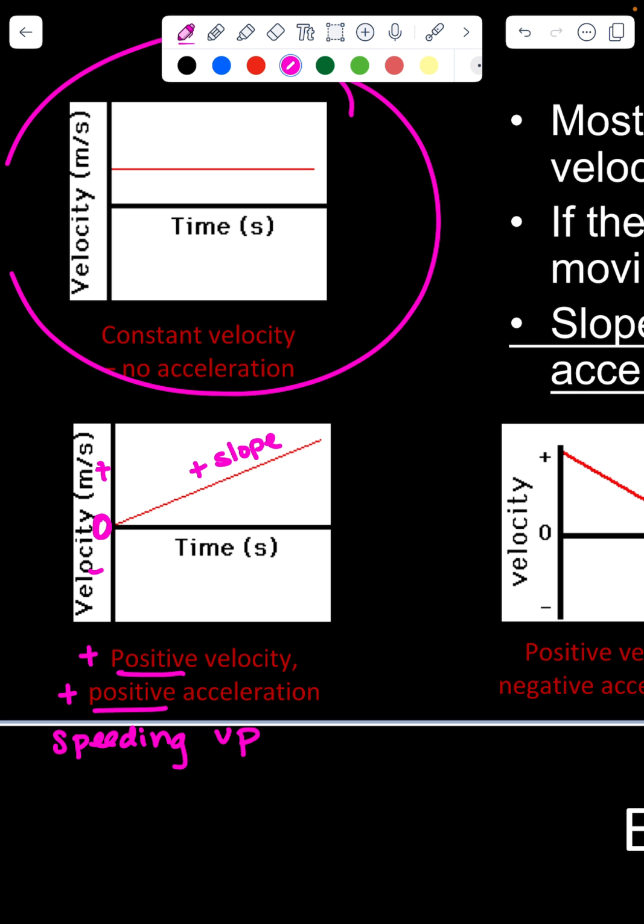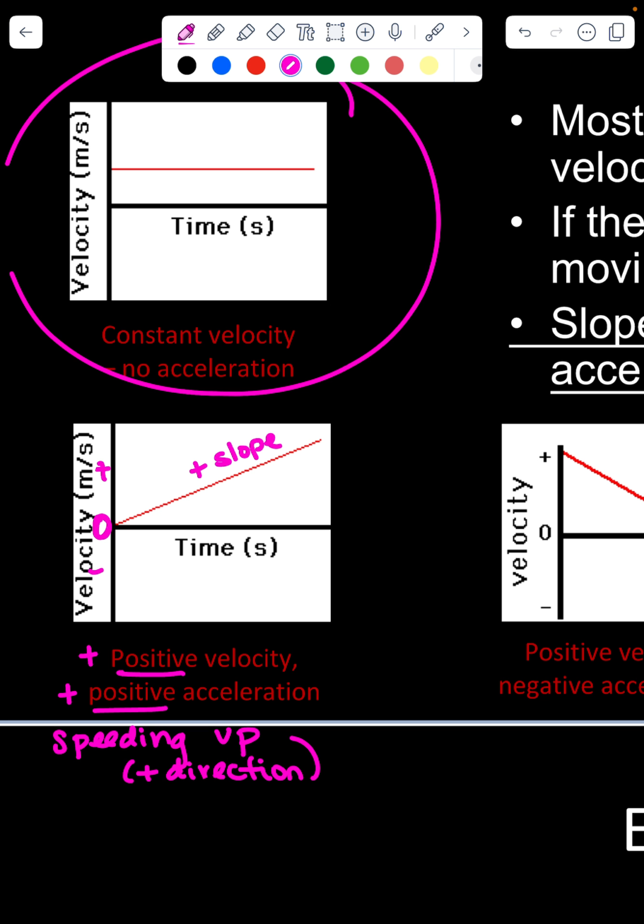That means that we are speeding up. Now, if I want to figure out what direction I'm speeding up in, I have to look at the sign for the velocity. Because I have a positive velocity, that tells me that I am speeding up in the positive direction.